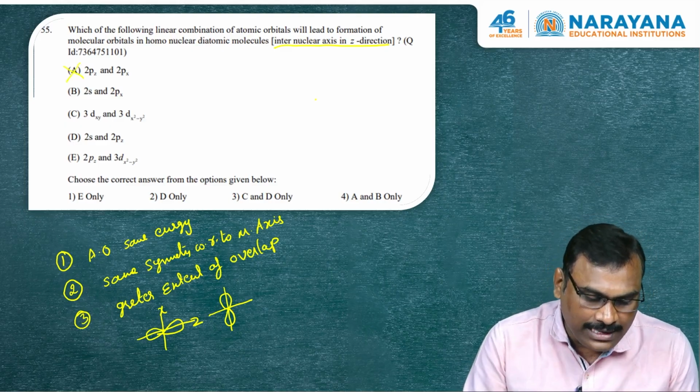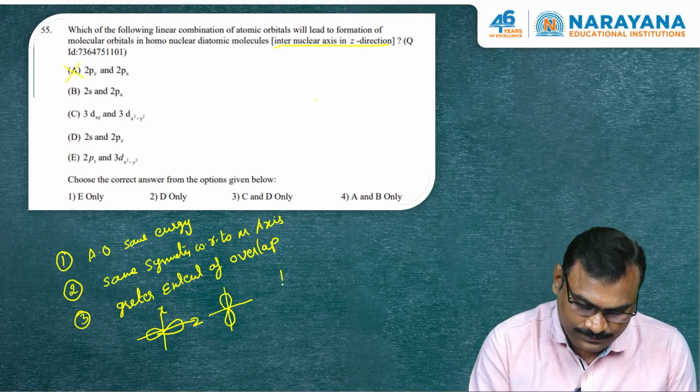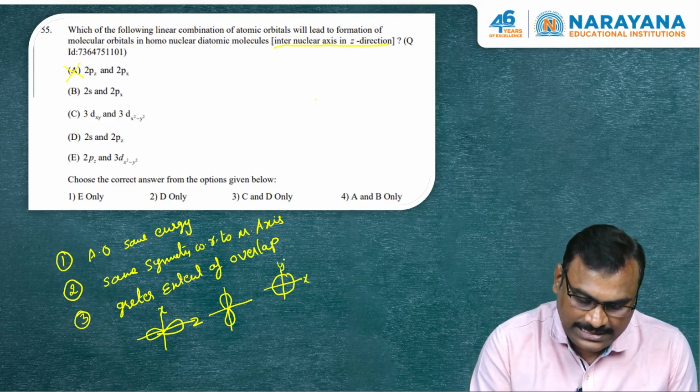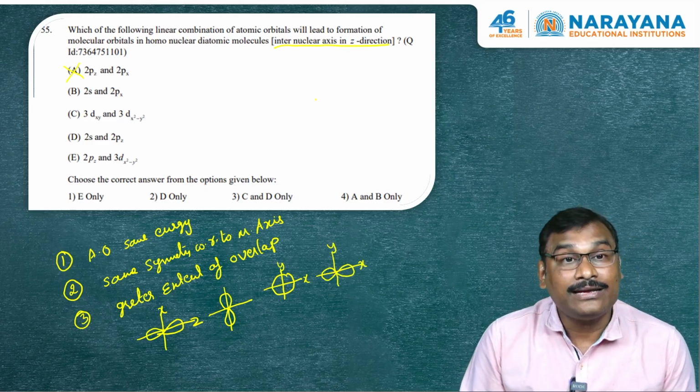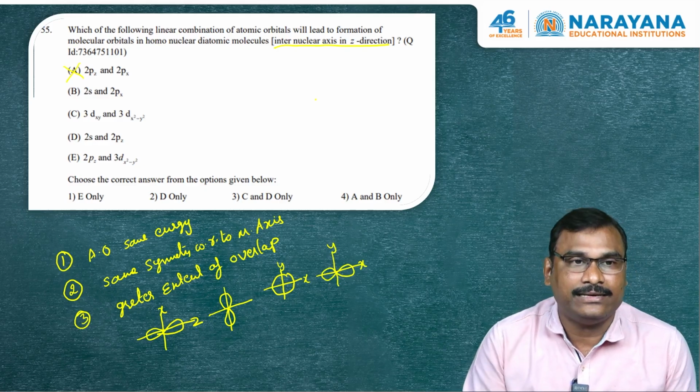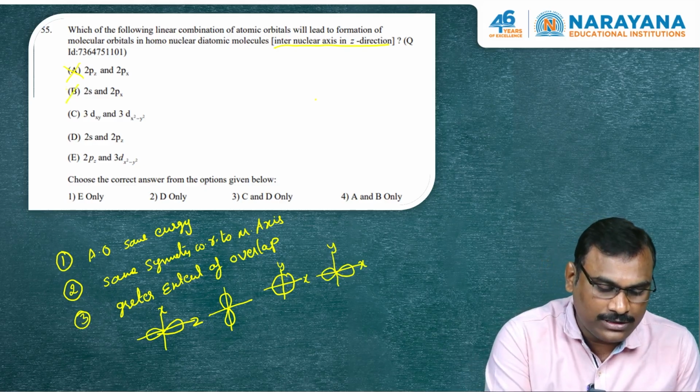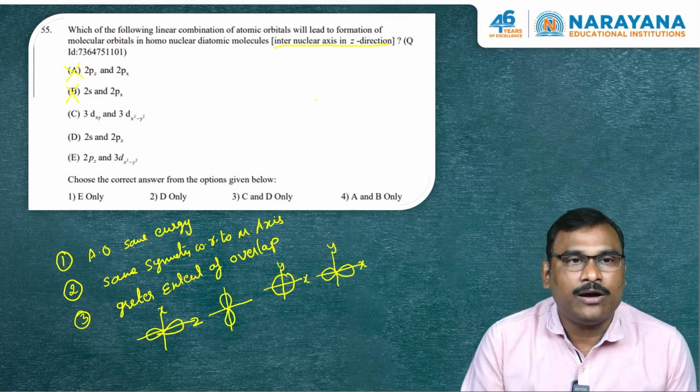If you go for option 2, the 2s orbital, let us say this is x and this is y. Now this is the 2px orbital, but the molecular axis given is z. That means this is also not possible to undergo combination.